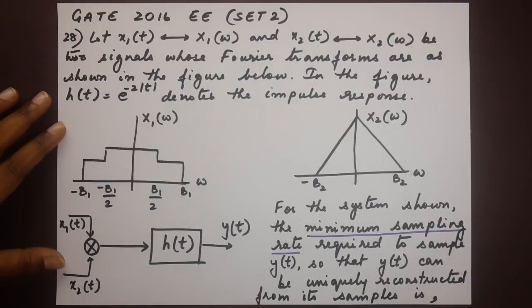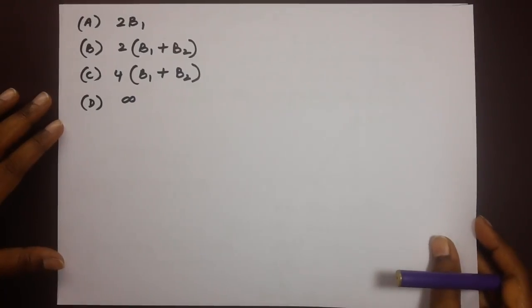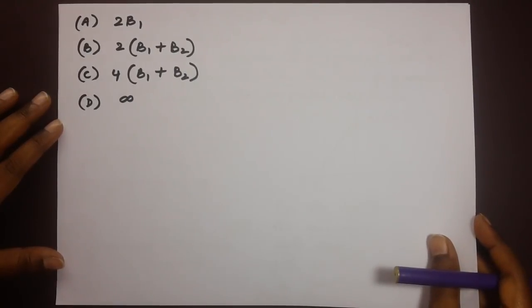Okay, so the question gives us 4 options and I didn't have space to write it on this paper, so I have written it down on another sheet. Here are the 4 options: A, B1; B, 2 into B1 plus B2; C, 4 into B1 plus B2; and D, infinity.